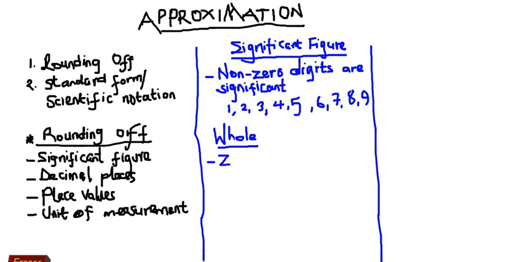So a 0 that appears between non-zero digits is significant. You only count a 0 in a whole number when it is between non-zero digits.